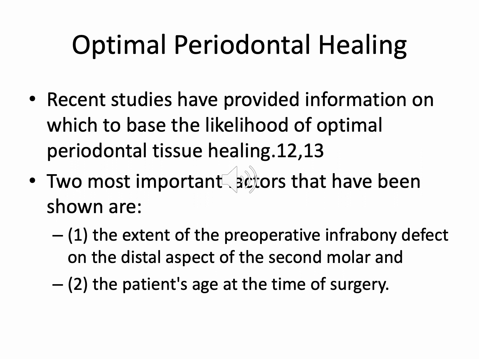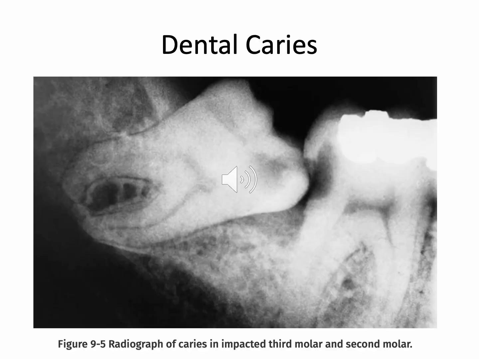It's actually harder to do at that point in time, but you don't want to wait till they're too old, because the factors associated with periodontal healing distal to the lower 7s are the extent of the preoperative bony defect, as well as the patient's age at the time of surgery. So these studies certainly show that less than 25, they'll do better than older than 25. So once again, do it when they're 18.